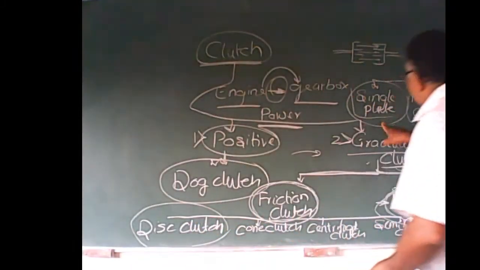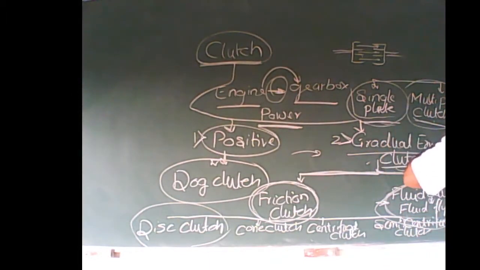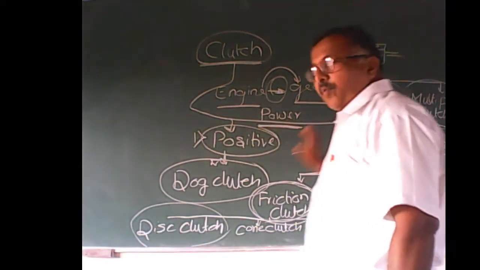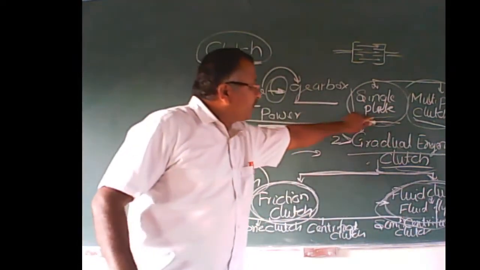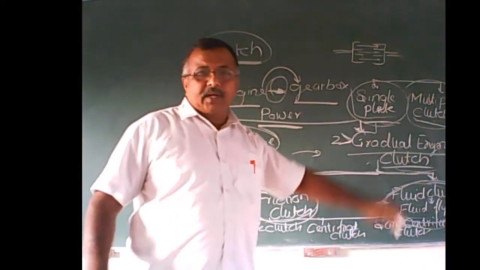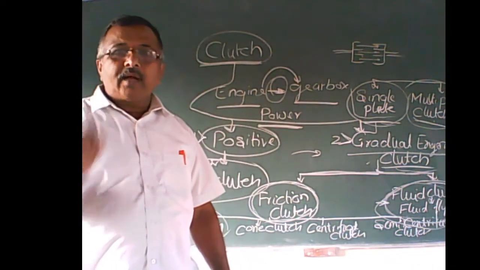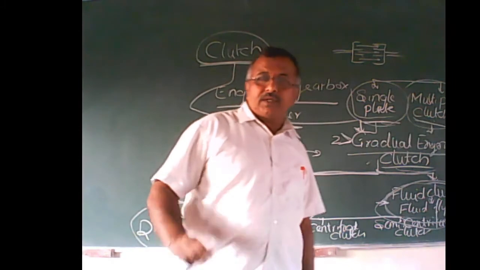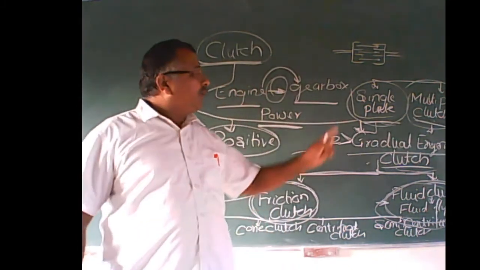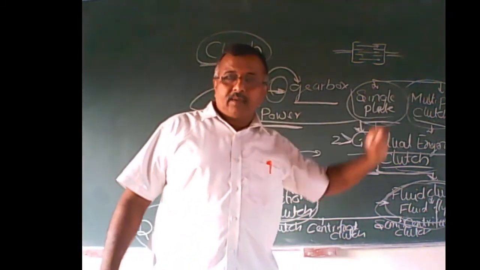In single plate clutch, depending upon the spring, we are using two types: coil spring type and diaphragm type. In multi-plate clutch, again two types: wet type and dry type.